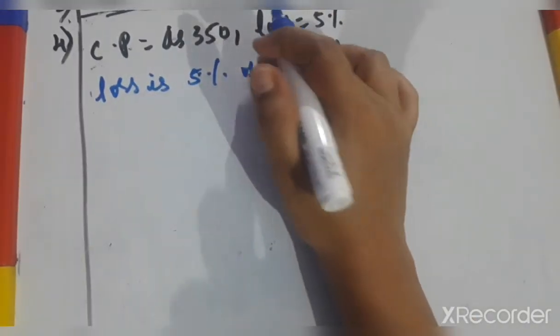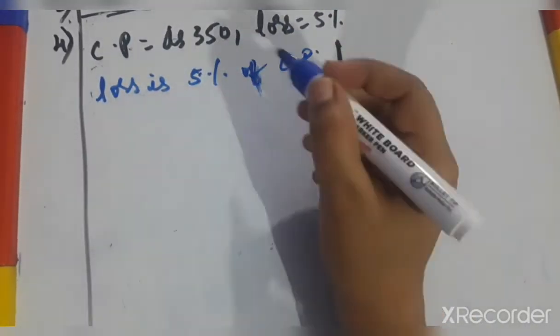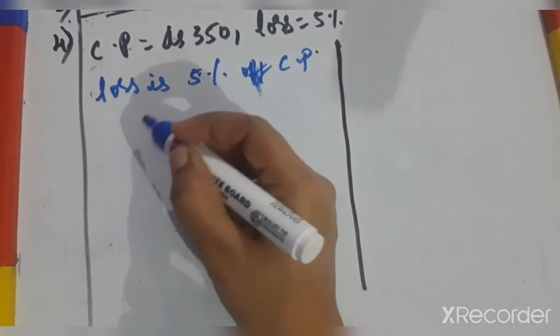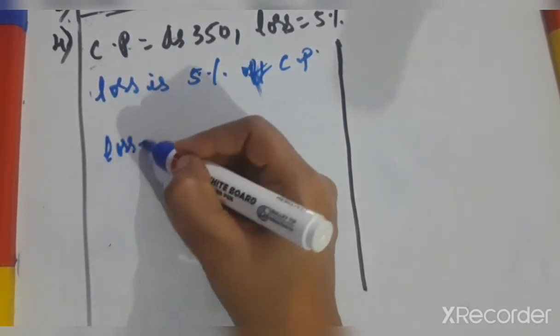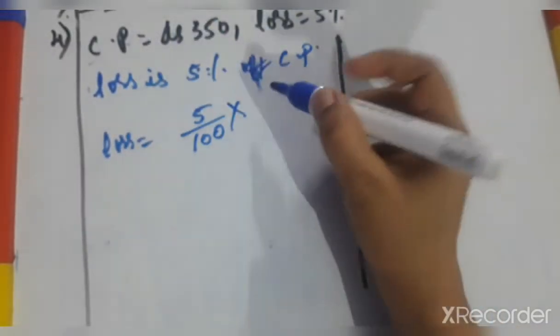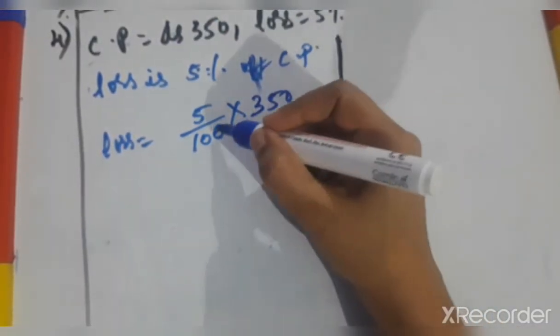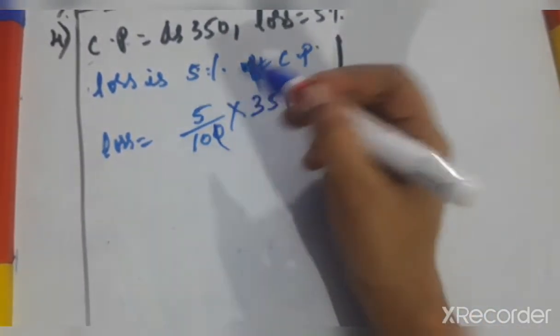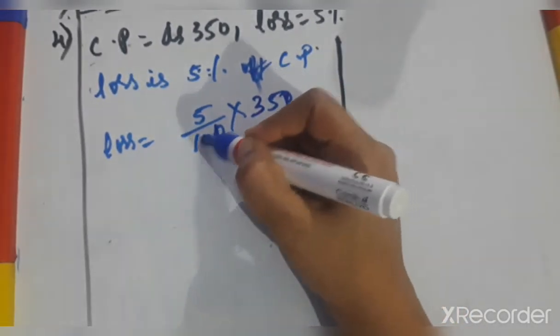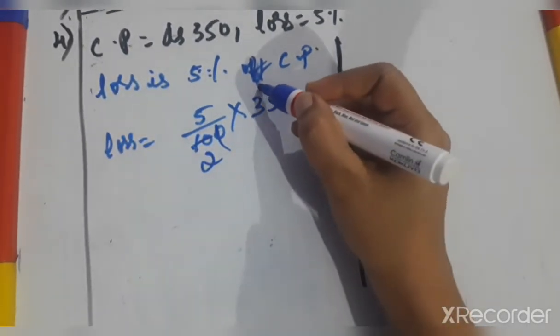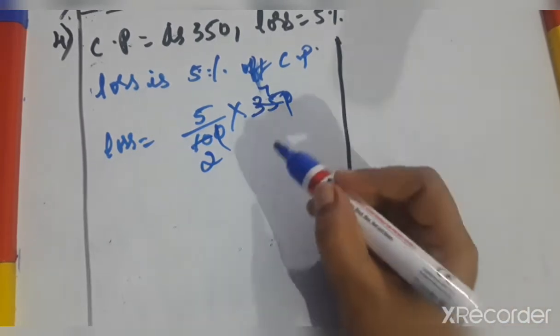Now 5% means 5 by 100 into the cost price, 350. 0 cancel. 5 twos are 10. 5 sevens are 35.